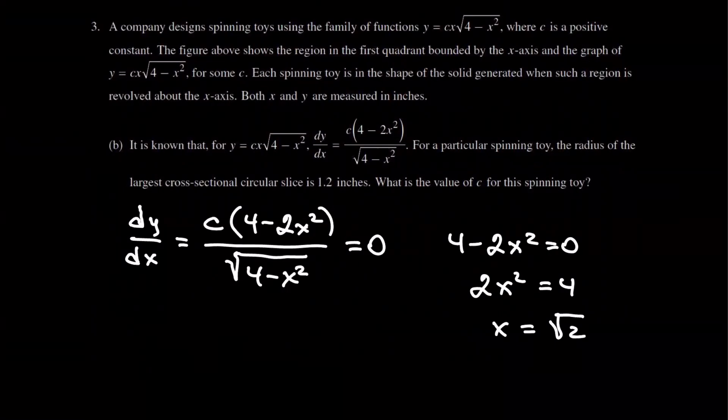So x is equal to square root of 2, which then means we plug it back into y equals c times x times the square root of 4 minus x squared.